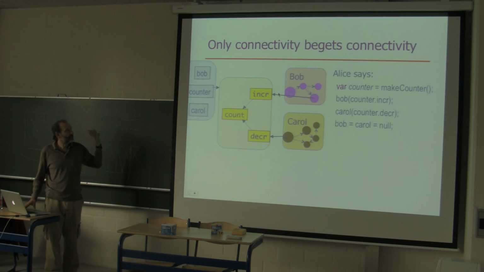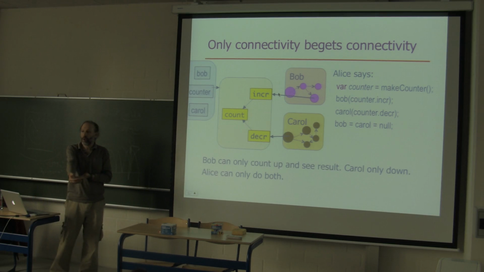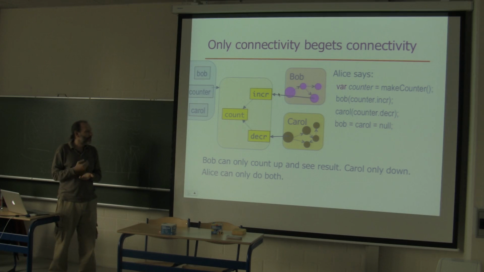Let's say Alice instantiates the counter by calling makeCounter, gives Bob access to the incr method, gives Carol access to the decr method, nulls out her own Bob and Carol variables, but holds on to the counter. Having set this situation up, the only possibilities by which these three parties can interact from here is that Bob can count up and see the result, Carol can count down and see the result, and Alice can do both.